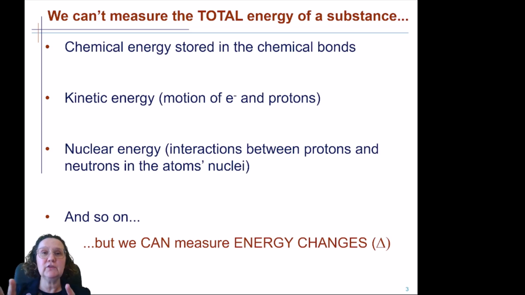So there is a lot of energy. It's impossible to measure all those energies. But what you can measure is the change, the energy change, and we use the Greek letter delta to talk about these energy changes. So we cannot measure the total energy of a substance, of a reaction. What we can measure is what's happened before and after the reaction takes place and detect that energy change.